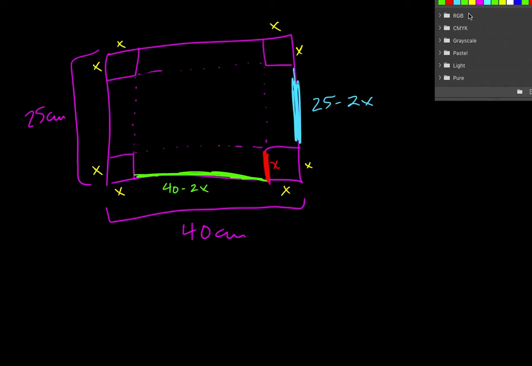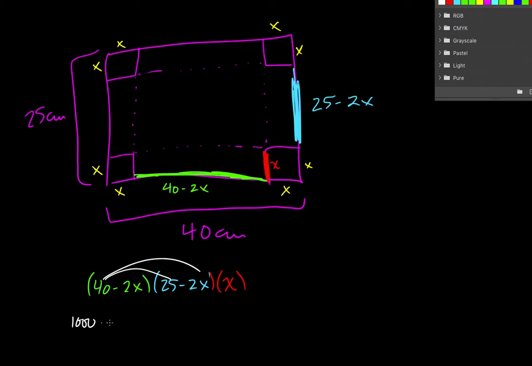Okay, so our function is going to be length times width times height. So let's just multiply that out. If we do 40 times that, we get 1,000.